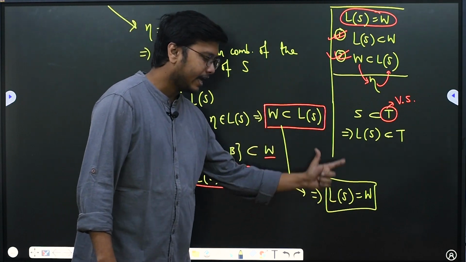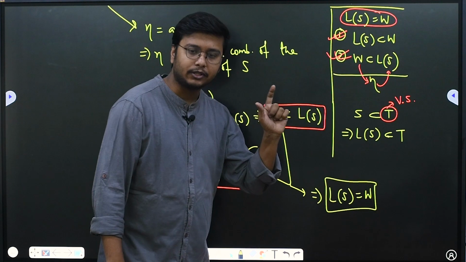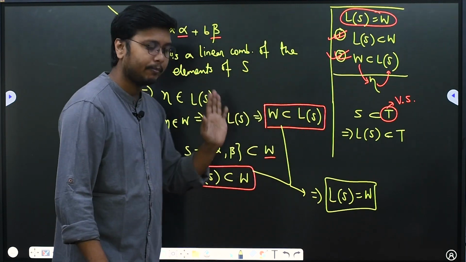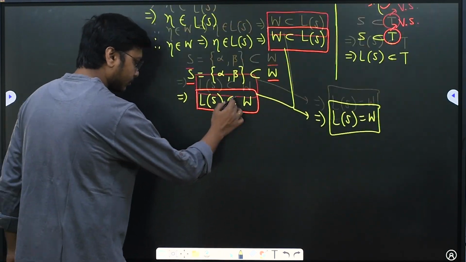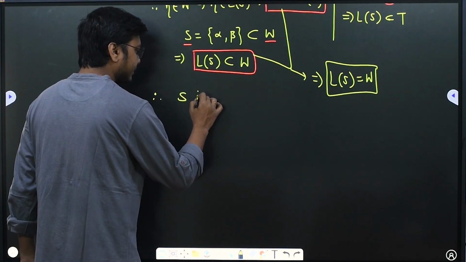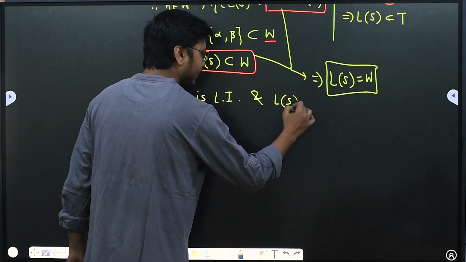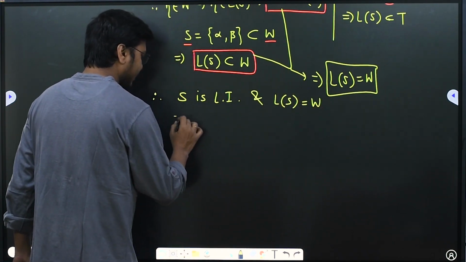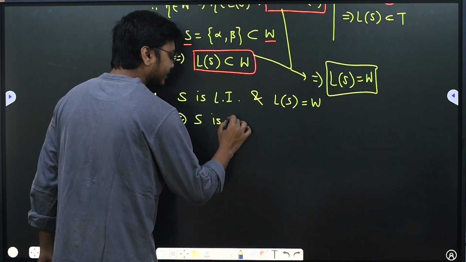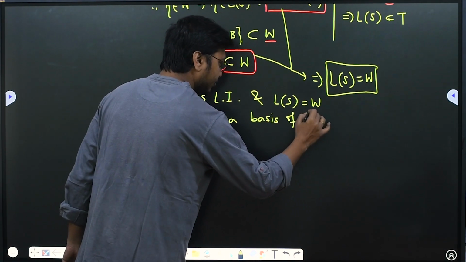Now I have got L of S is equal to W. So I have got the two requirements for S to form a basis. Therefore S is linearly independent and L of S is equal to W, and this implies S is a basis of W.